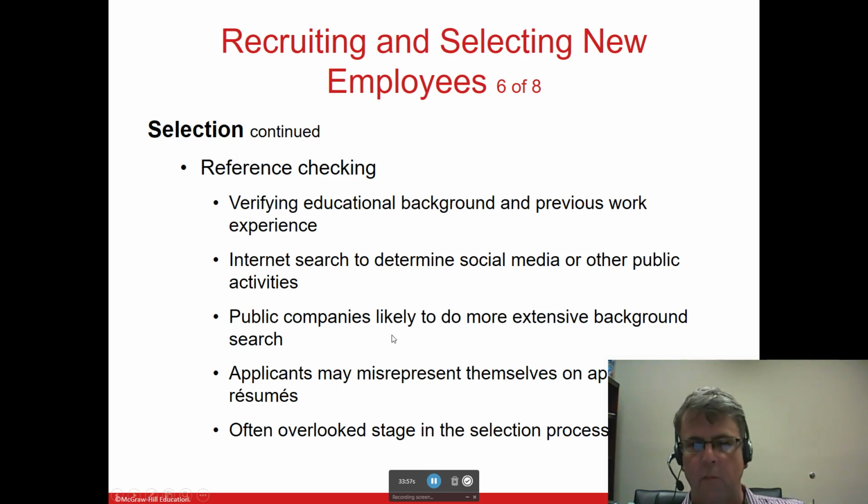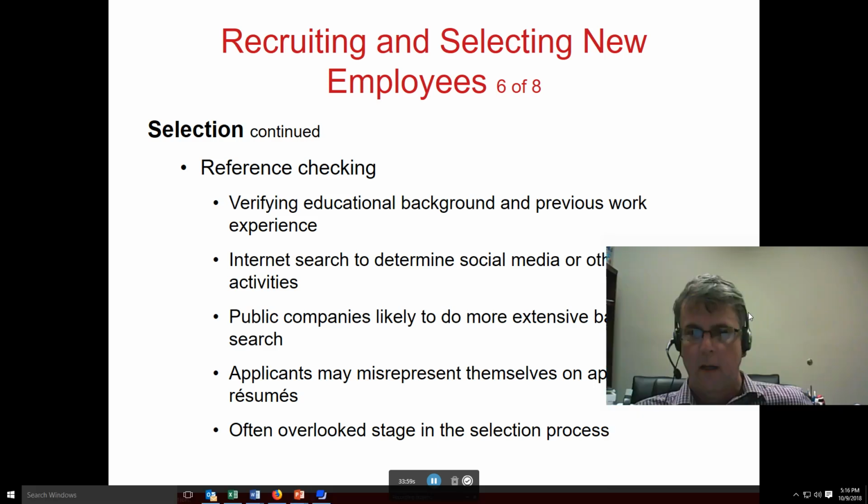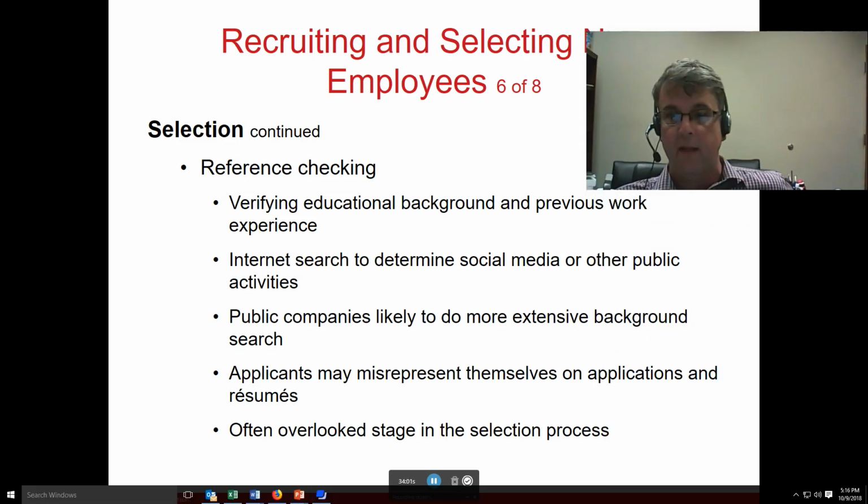Public companies like to do more extensive background searches. Applicants may misrepresent themselves on applications and resumes. That can happen a lot. Often overlooked stage in the selection process. One of the things you might want to do is check with previous employers.